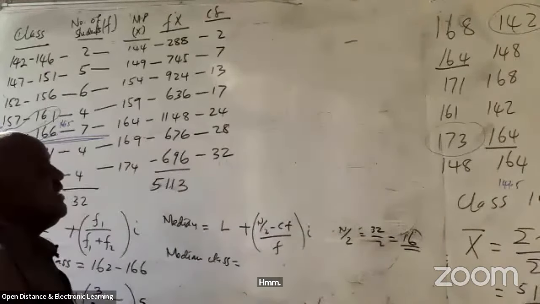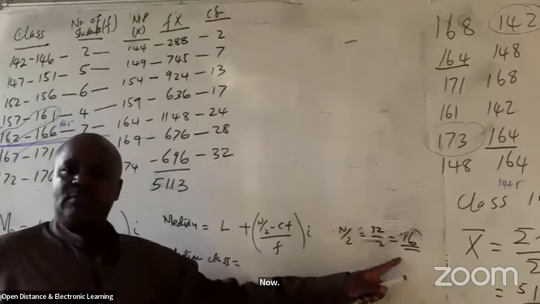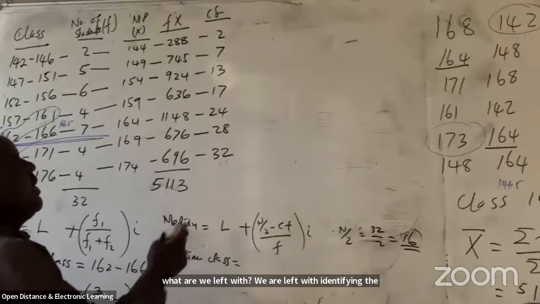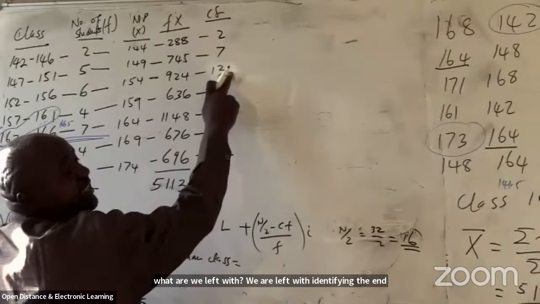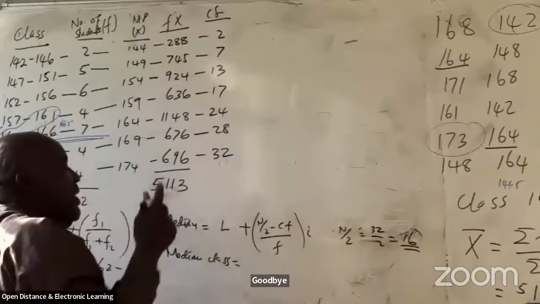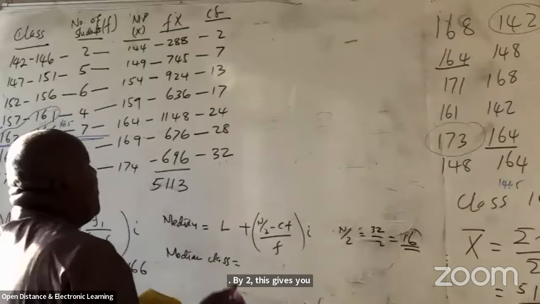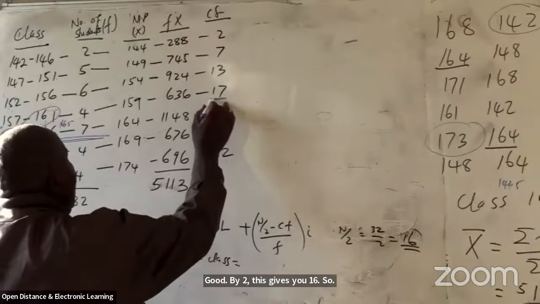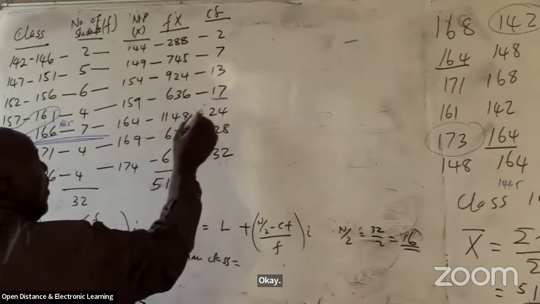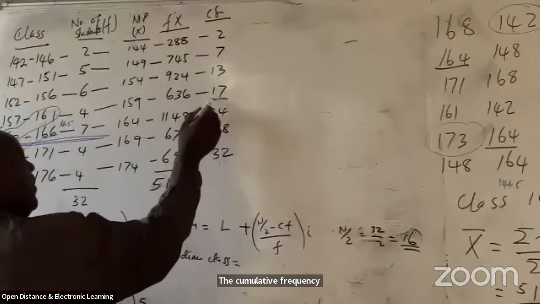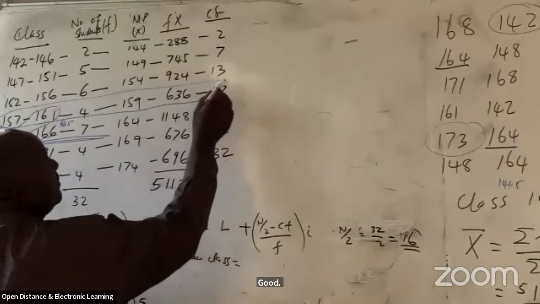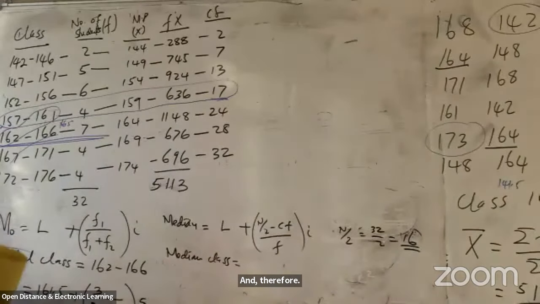So where is this item 16? We check through the cumulative frequency. Up to here we have 13. Up to here we have 17. So number 16 must be in this class. Working backward, our median class will be the class corresponding to that, which I have circled.